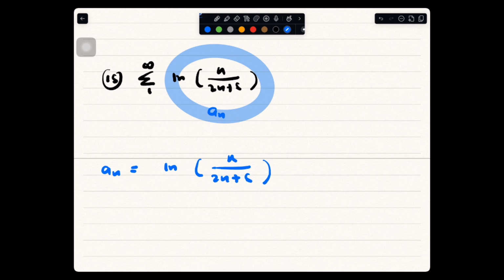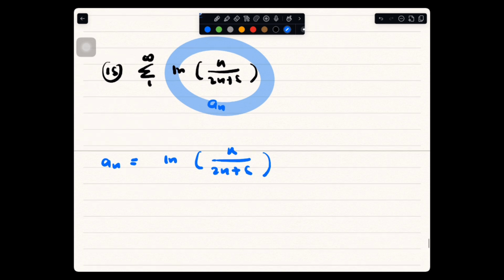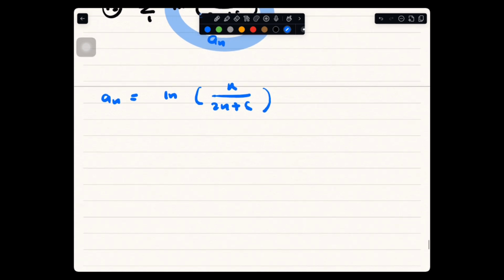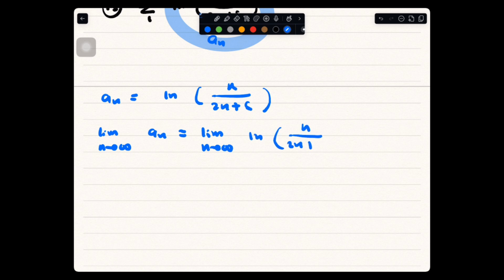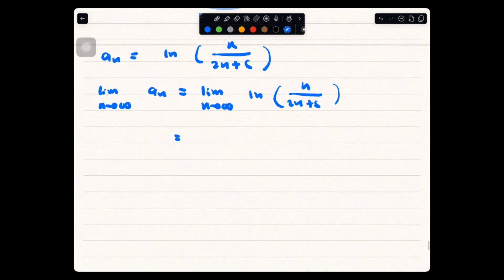This is not geometric. You can't use partial fraction decomposition. We're going to investigate the limit as n goes to infinity of an, which will be the limit as n goes to infinity of the natural log of n over 2n plus 5. Does anybody happen to know what this is?